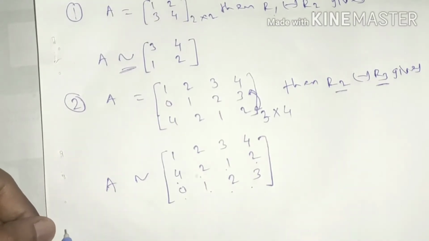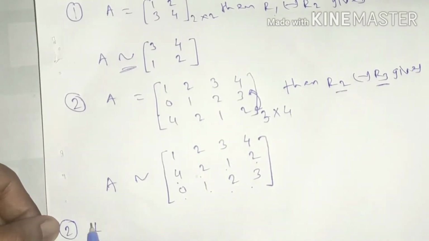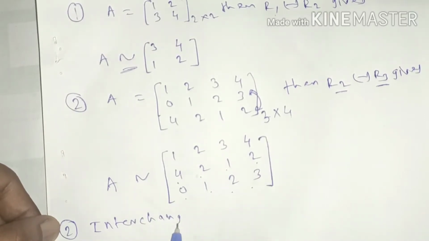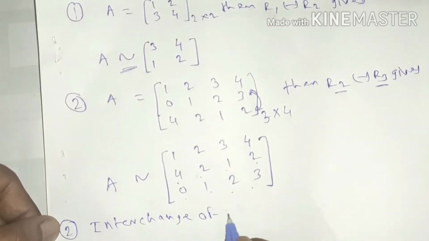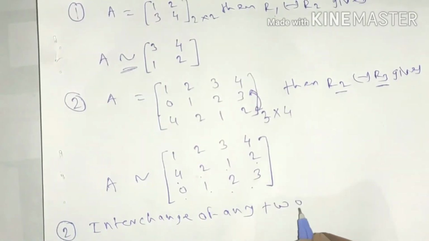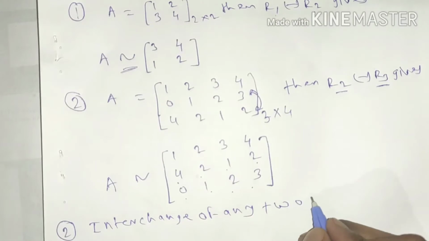Now we will see the second elementary transformation, interchange of any two columns.